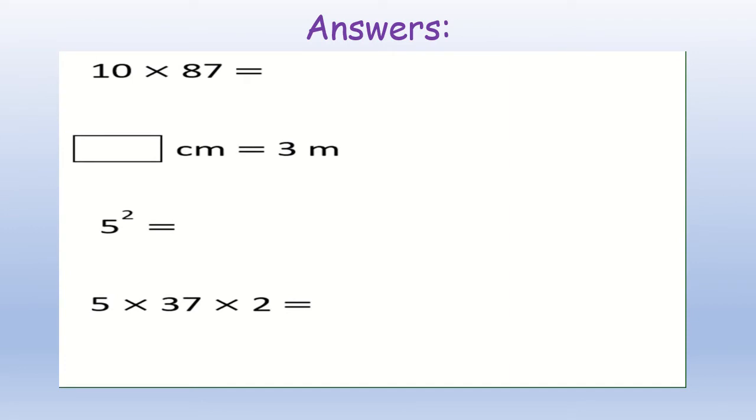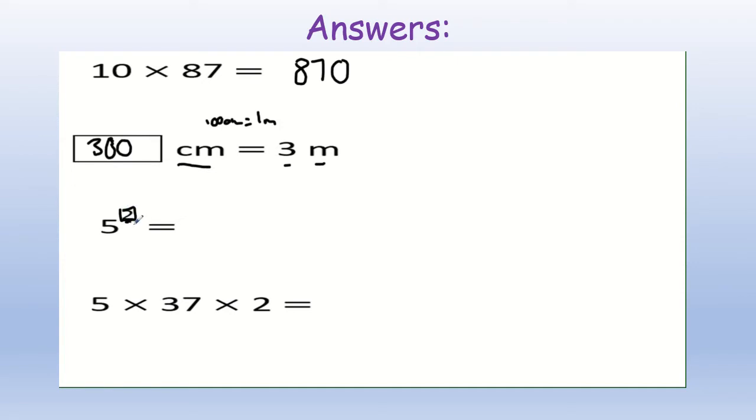Okay, 10 times 87. We're really good at multiplying by 10 now, so we should know that's 870. How many centimetres are there in 3 metres? You should know that there are 100 centimetres in 1 metre, so it's 3 times 100, 300 centimetres. 5 squared.